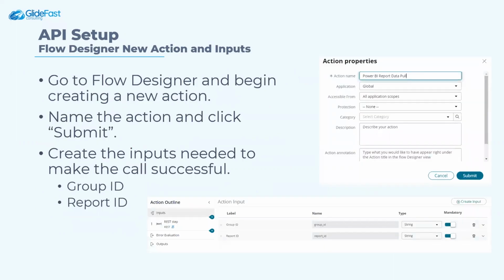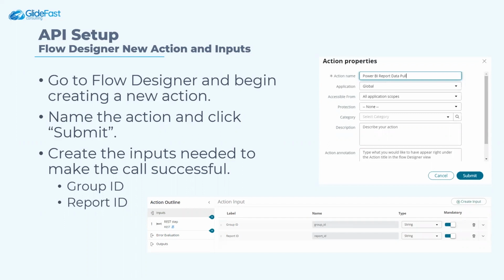So the first step is to create a custom action. And we just went to title it, for example, Power BI report data pool, and then create two inputs that are mandatory, because these are the two inputs we need to pass into both REST calls. The first one is group ID, which is another word for workspace ID.